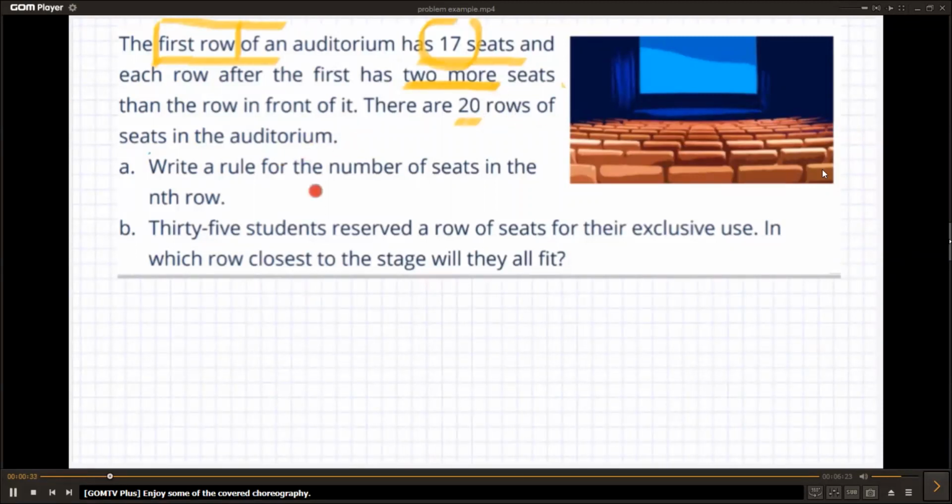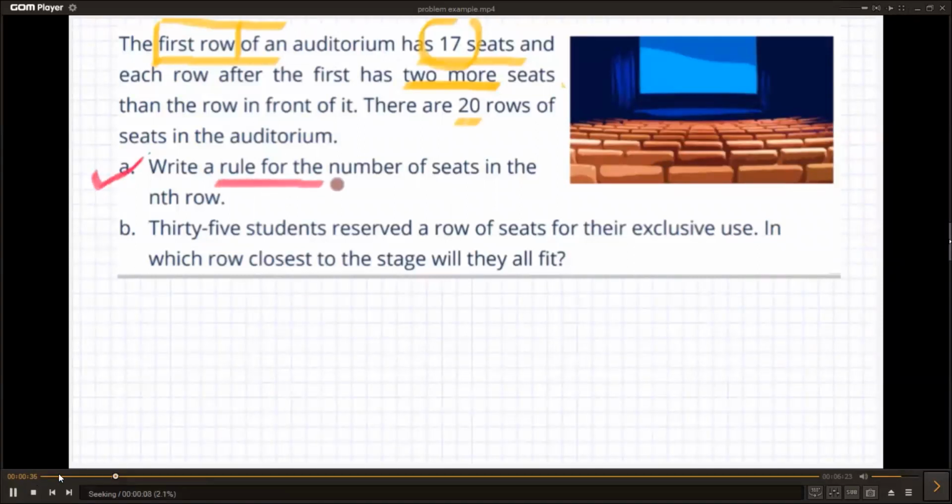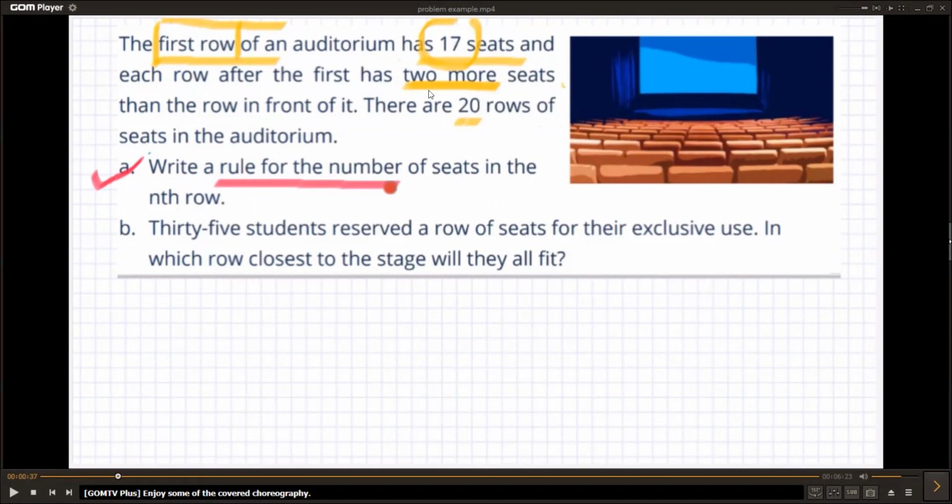So it is very clear in this problem that the first row is the first term. Our first term is 17. Then our d is 2 because it added 2 more seats to the next row.